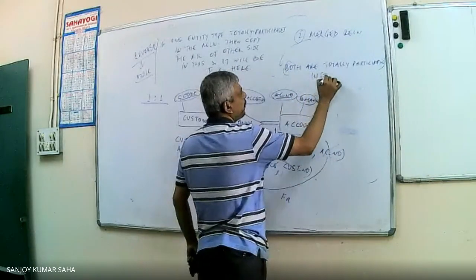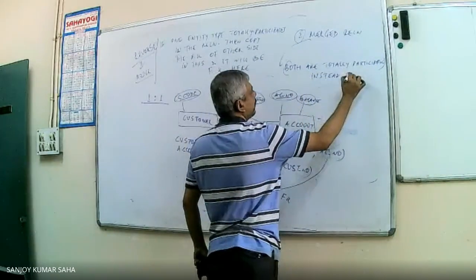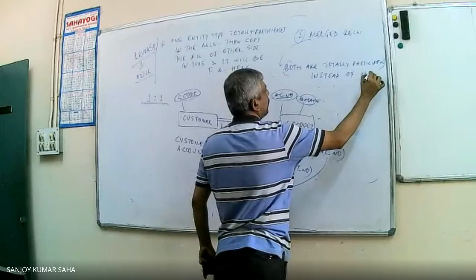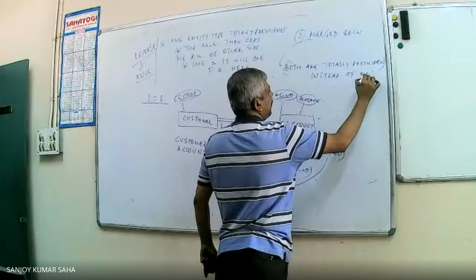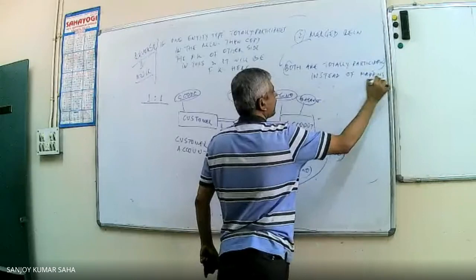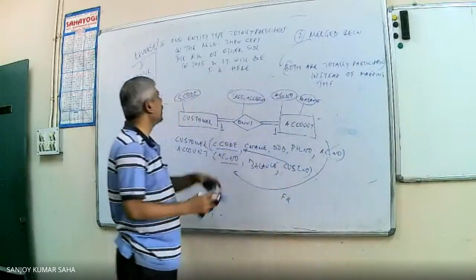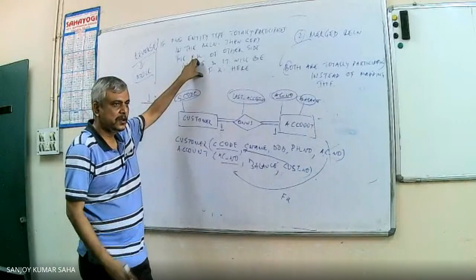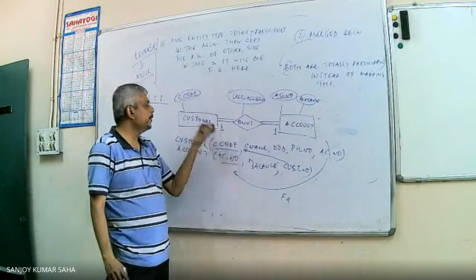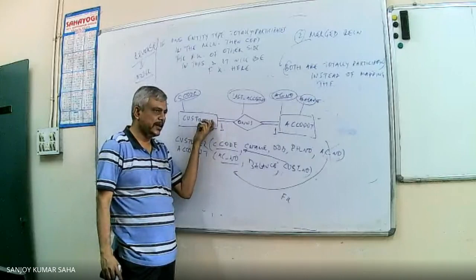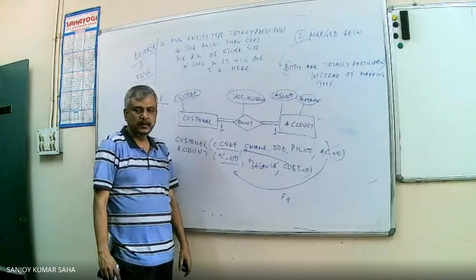So instead of mapping, still one can follow this kind of approach, that okay, I will be copying the primary key of account here or vice versa.